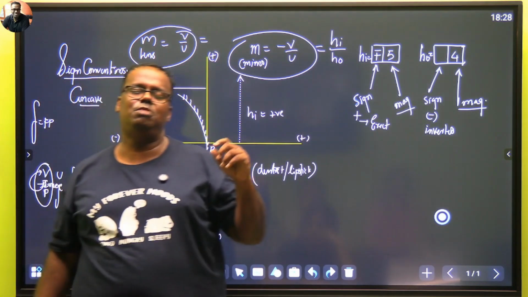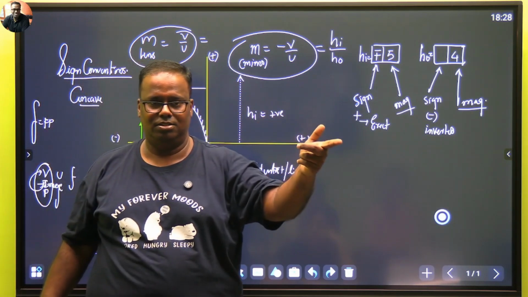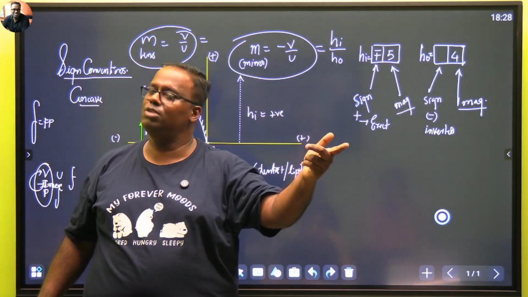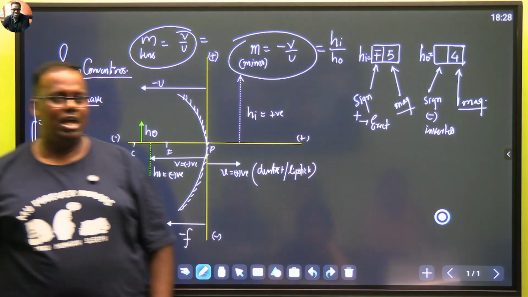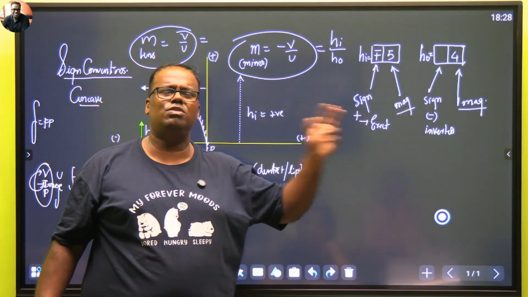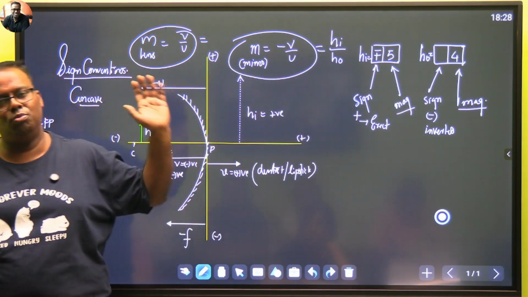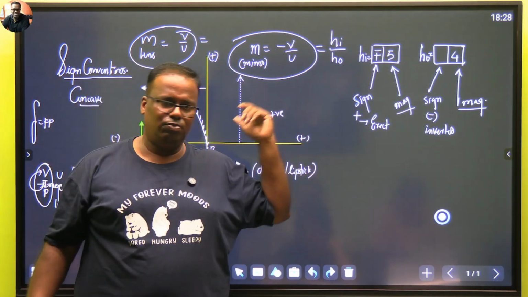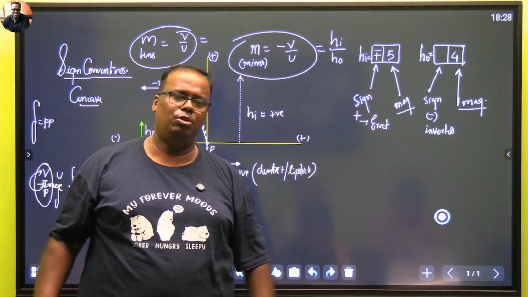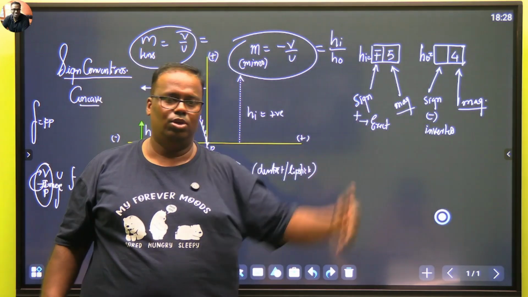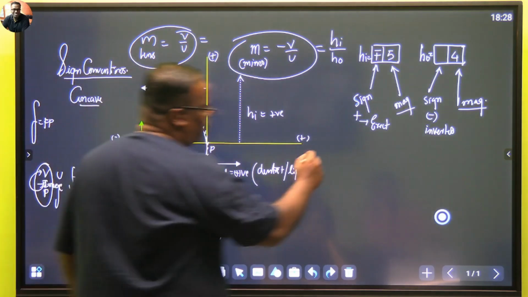In convex mirror, magnification is always plus, but the value is less than 1. Greater than 1 convex mirror में नहीं हो सकता है, हो ही नहीं सकता है. Right? And generally in convex mirror, we see two cases: between pole and focus, and at infinity. In both the cases, the image will be at focus for infinity, otherwise it will be between pole and focus. Right? Is this clear?